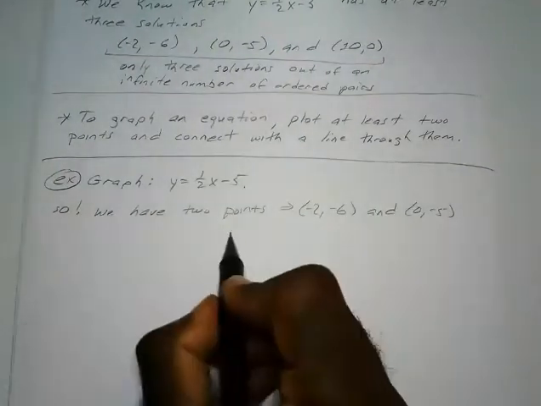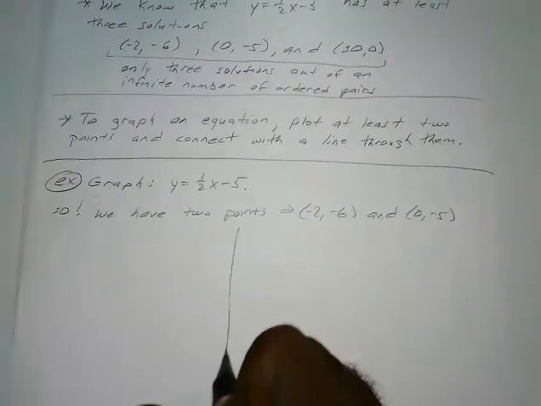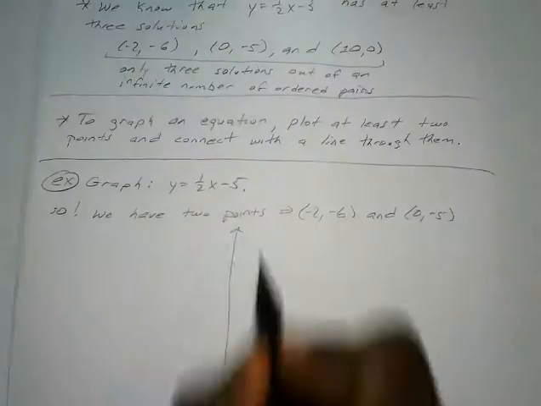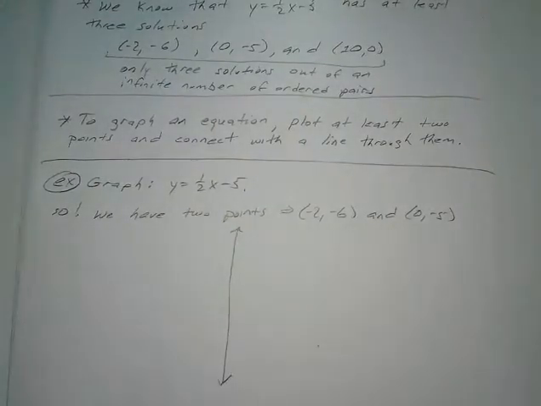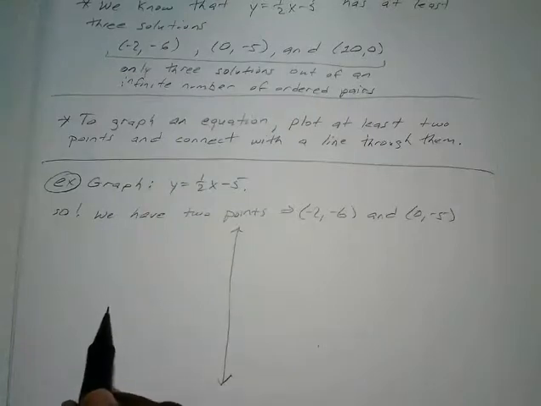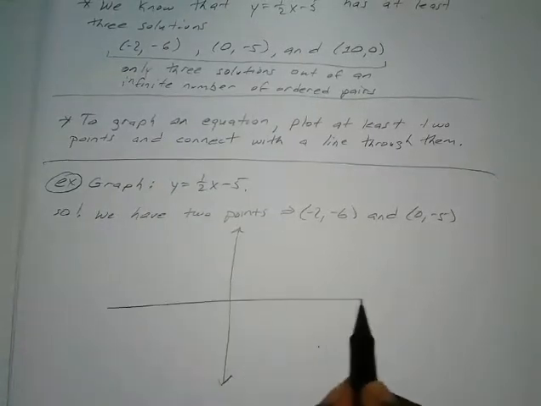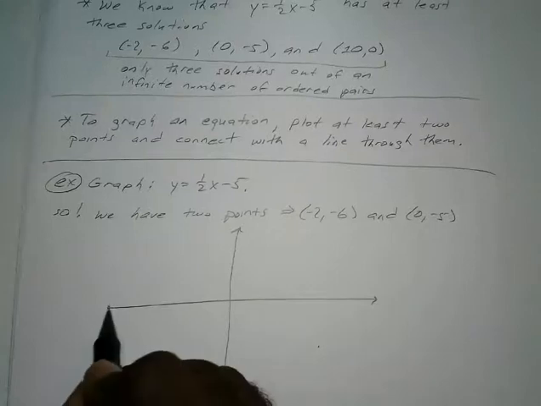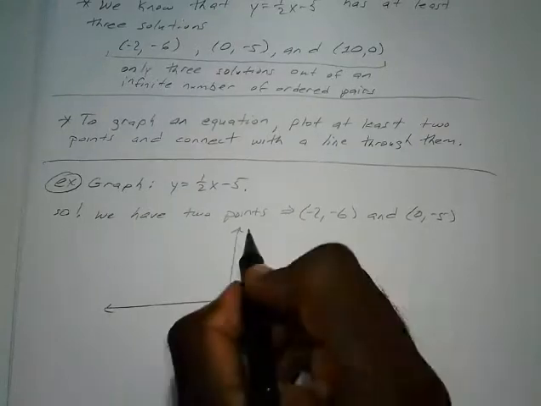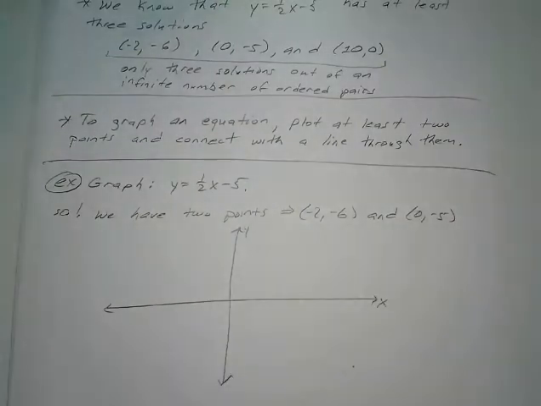All right. So what we're going to do, I'm going to go ahead and draw the graph. And remember, most times you're going to use graphing paper or something like that. But we're going to just draw it out, where this is our x and this is our y.